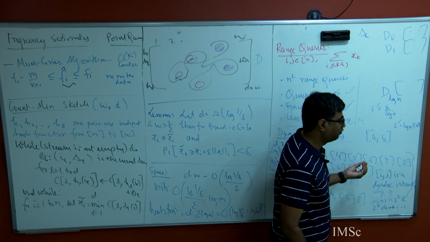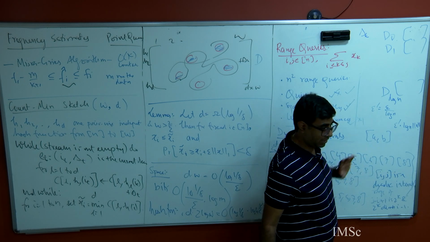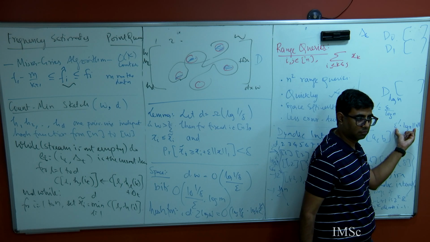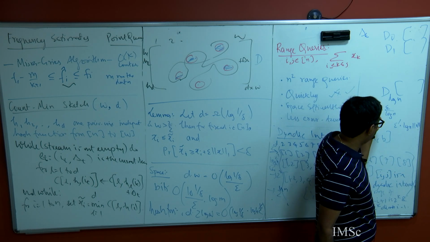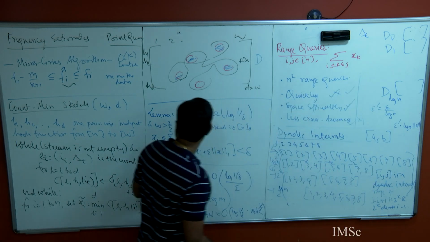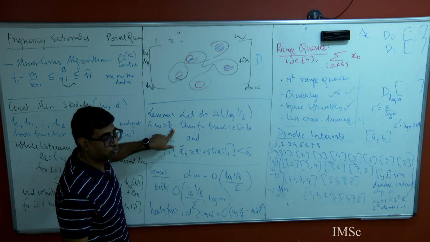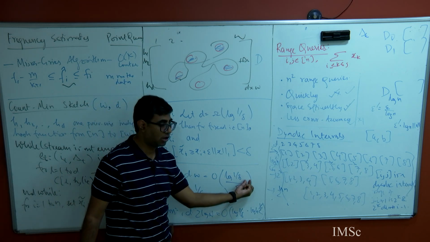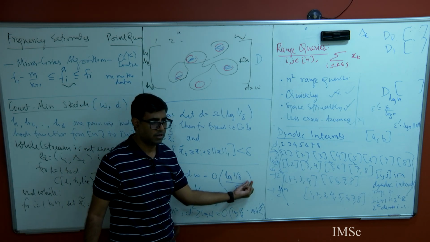But I wanted this whole sum to be less than epsilon times 1 norm, so my epsilon prime is epsilon by log n. Then W is more than 2 over epsilon prime, so now W will have another log n term here. So that's perfectly fine.